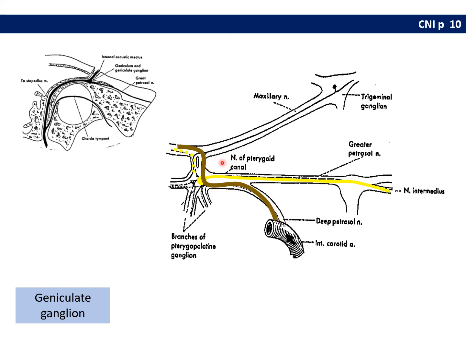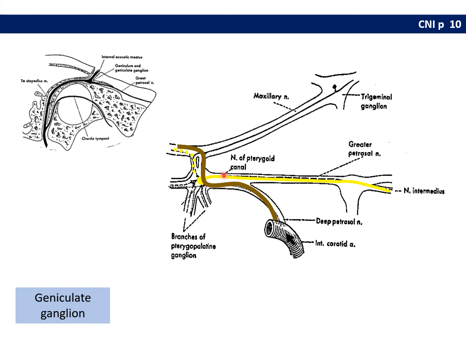So one reason that the name changes from greater petrosal nerve to the nerve of the pterygoid canal all of a sudden is that the sympathetics that were accompanying the internal carotid plexus hop on the deep petrosal nerve, which is sympathetic, and then this nerve of the pterygoid canal contains both parasympathetic, shown in yellow, and sympathetic nerve fibers.